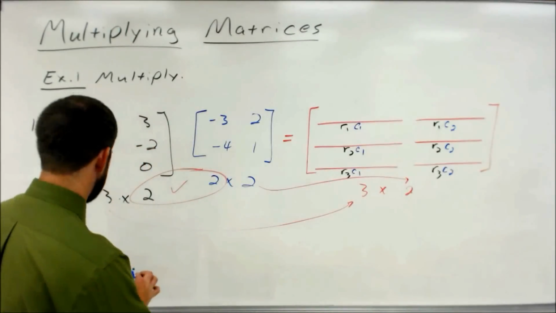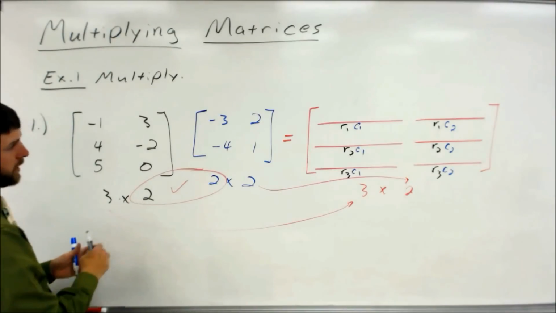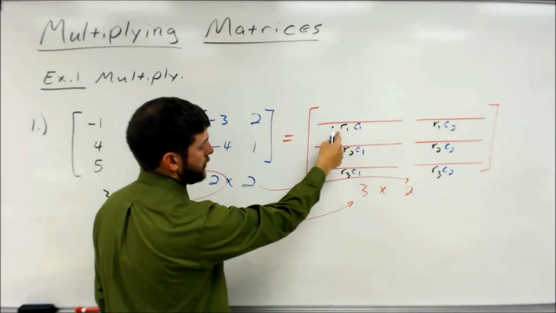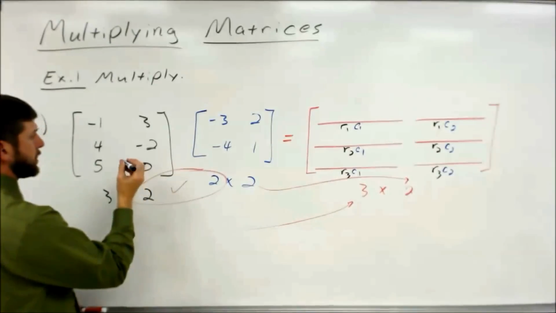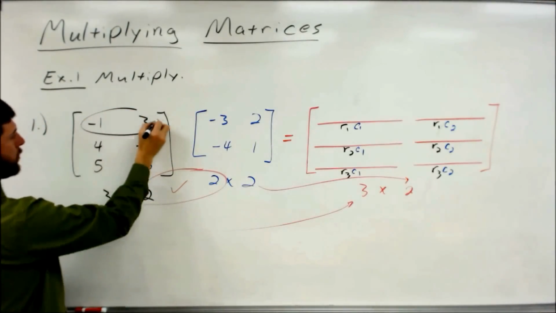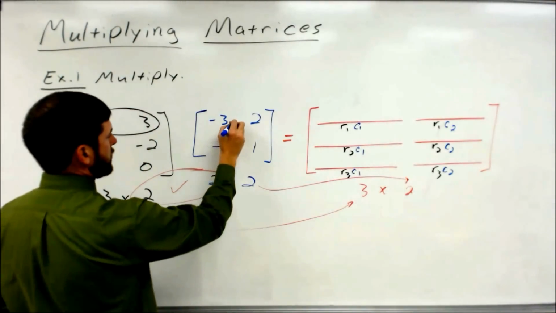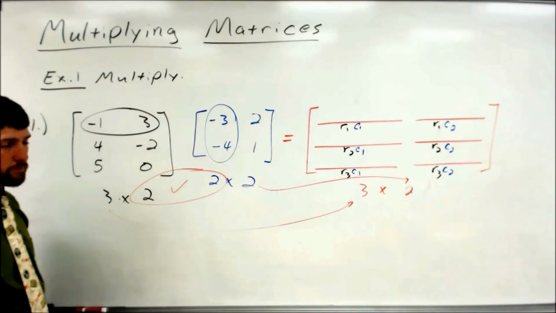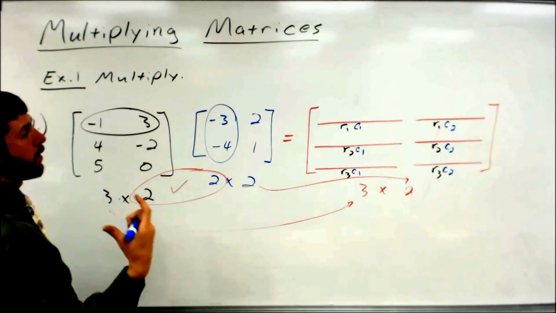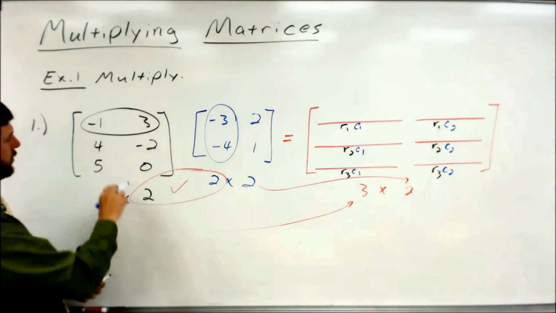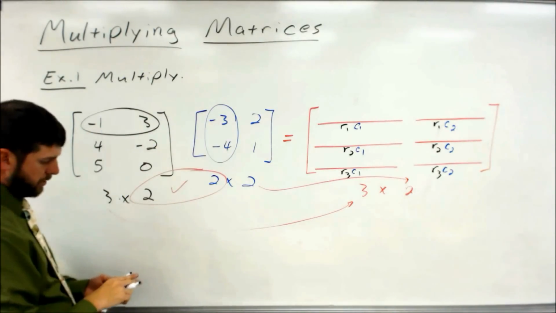So let's start putting these together. We'll start out putting row 1 from the first matrix with column 1 from the second matrix. So row 1 is combined with column 1, and we just combine the corresponding entries: first number with first number.